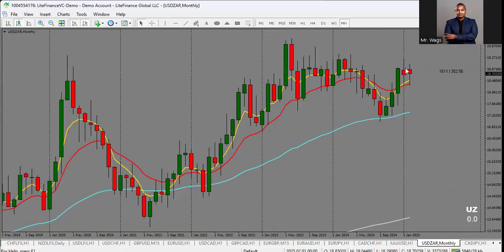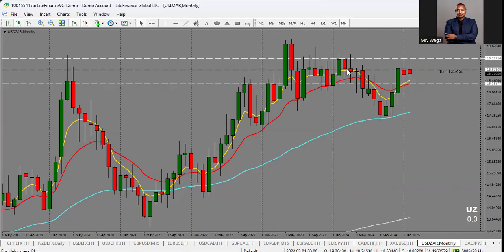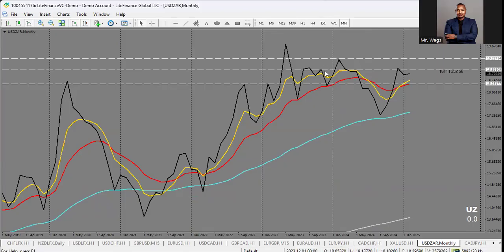You can see how the monthly candles have been forming. This shows like we are having a consolidation. Just look at these areas of support and resistance. There we have it.